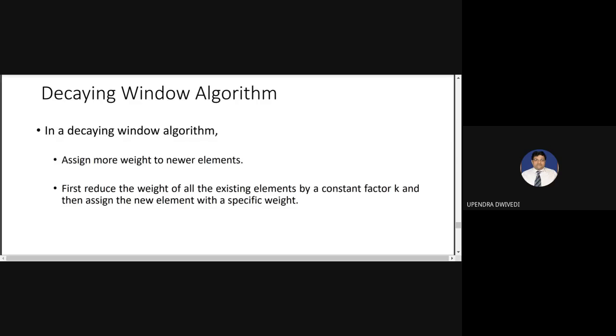So we have to reduce the weight of all existing elements by a constant factor a and assign the new element a specific weight. We have to do two things. First, assign more weight to the newer element, and second, reduce the weight of all the existing elements. This is because as existing elements decay over time, their preference among users decreases.